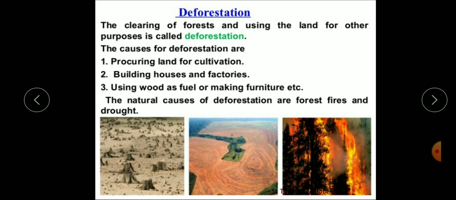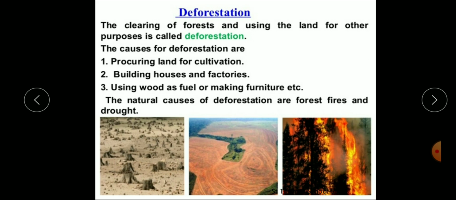We have already studied that deforestation is large scale cutting of trees and clearing of forest. So what is the reason for deforestation? It is the increased requirement of land for agriculture. Yes or no? Then the construction of roads, houses, factories and dams.